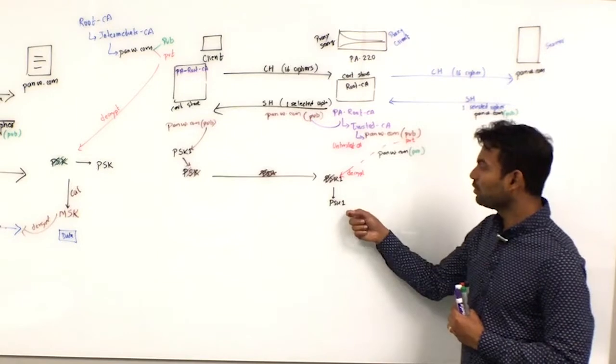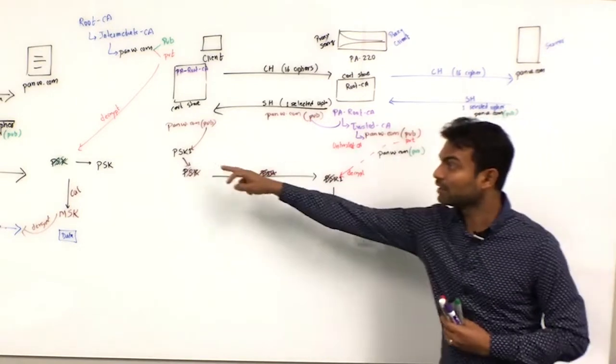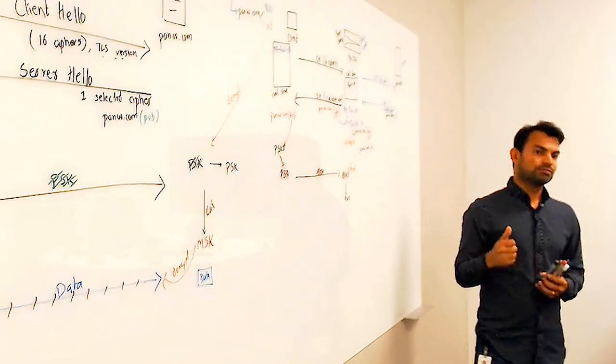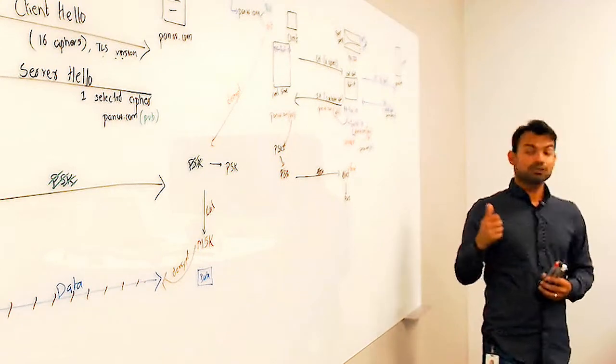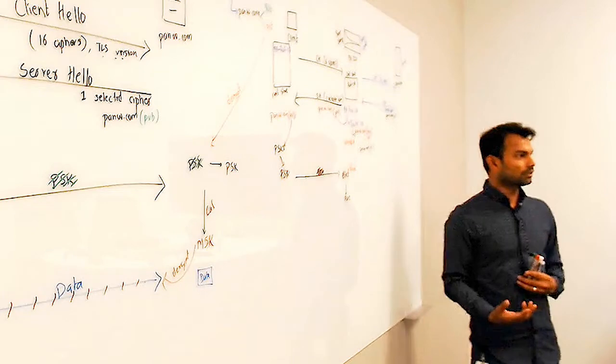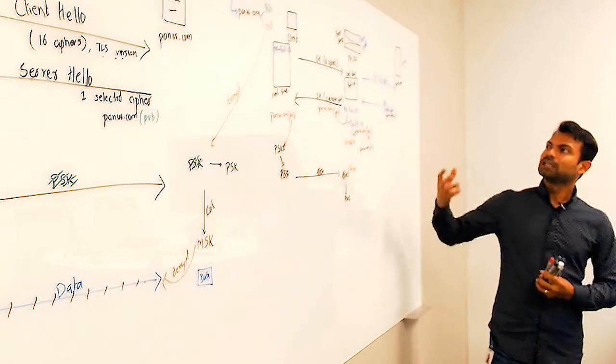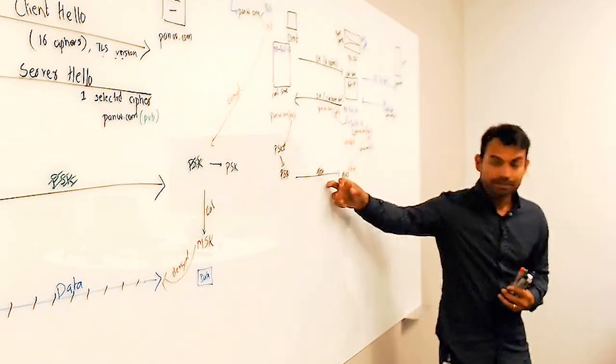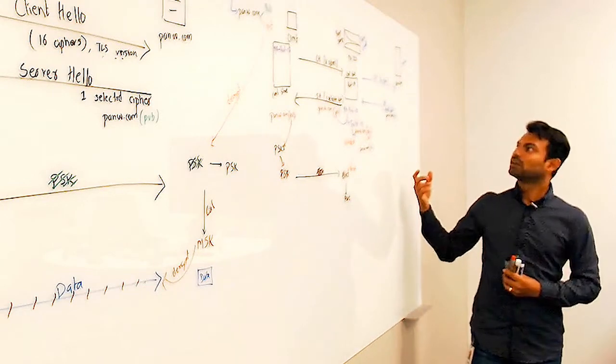And then we can see the PSK, which was created by the client. The firewall acts as a proxy server, but also a proxy client. We are not the actual server, so we need to send the PSK packet to the server as well.